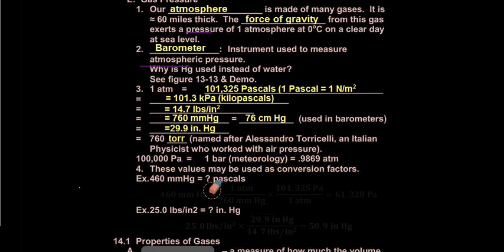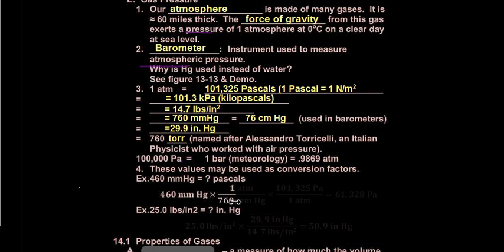Now, these values can be used as conversion factors. And so, a couple of examples. If we start with 460 millimeters of mercury, okay, we want to convert it to how many pascals? Not kilopascals, just pascals. And if we have 460 millimeters of mercury, well, we know that 1 atmosphere equals 760 millimeters of mercury.